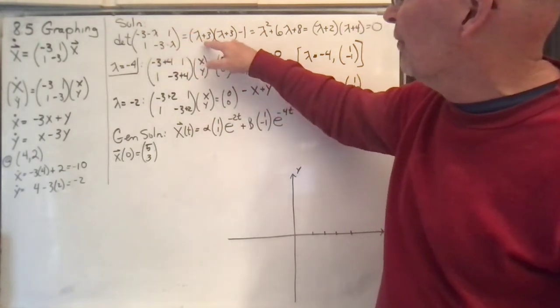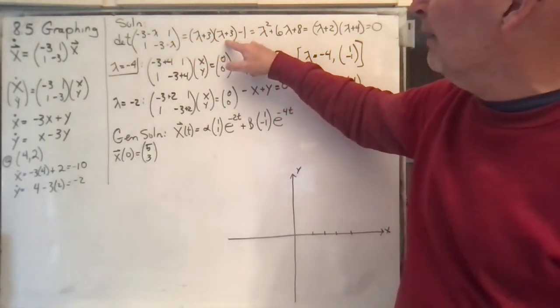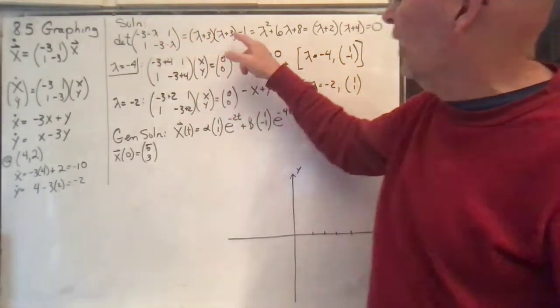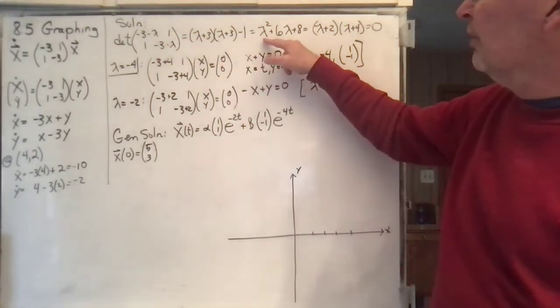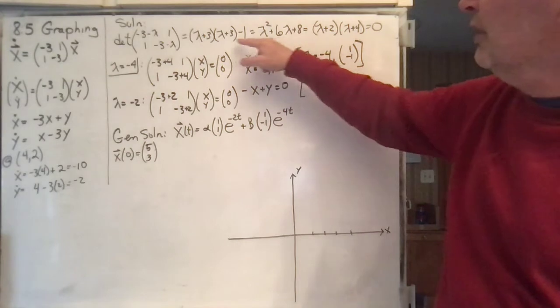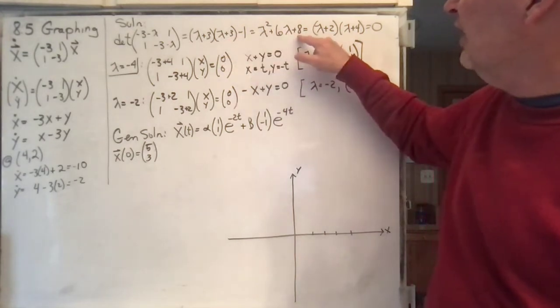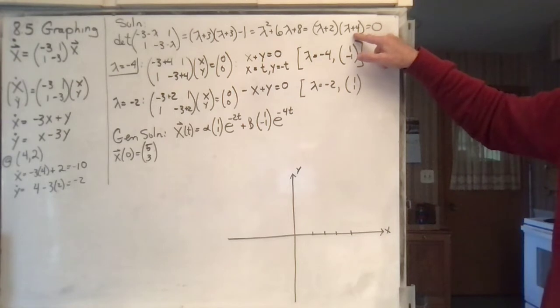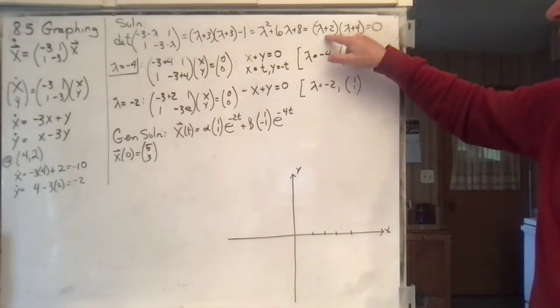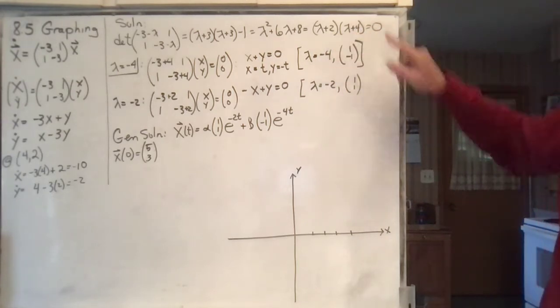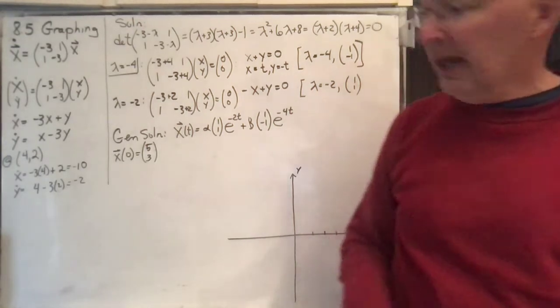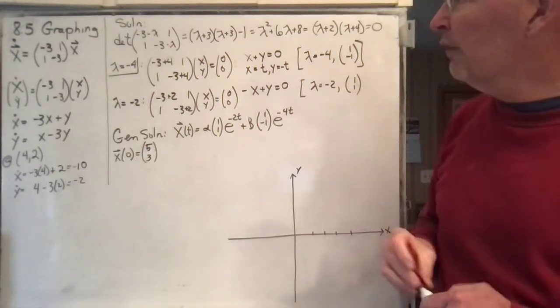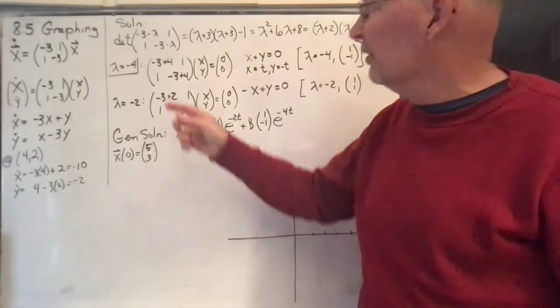So this becomes lambda plus 3 times lambda plus 3, minus 1. That's lambda squared plus 6 lambda plus 9 minus 1, which is 8, and that factors into this. You can see that the two eigenvalues are negative 4 and negative 2. Agreed? So once you have the eigenvalue, how do you find the associated eigenvector?